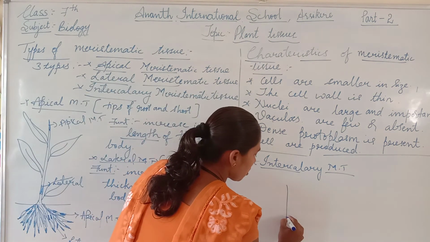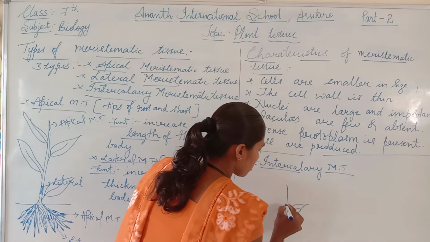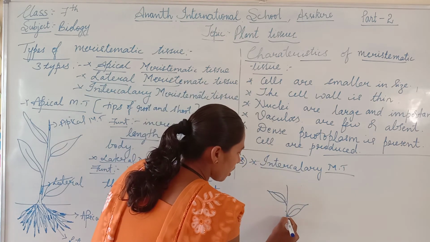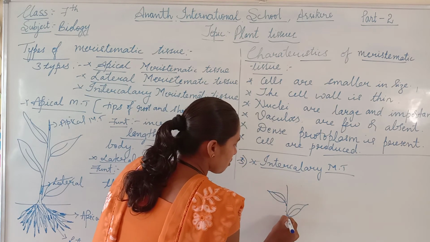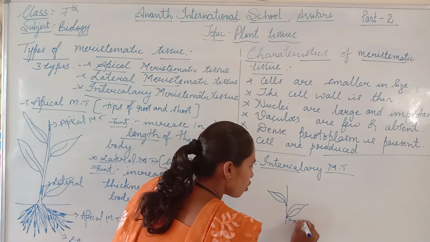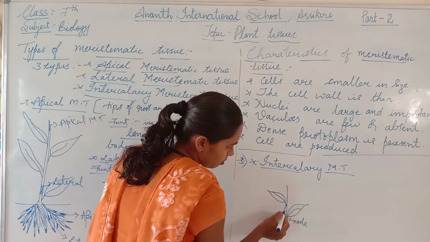A leaf. So here from where the leaf arises from the stem, this is called as the node. So the internodes, the space between this.